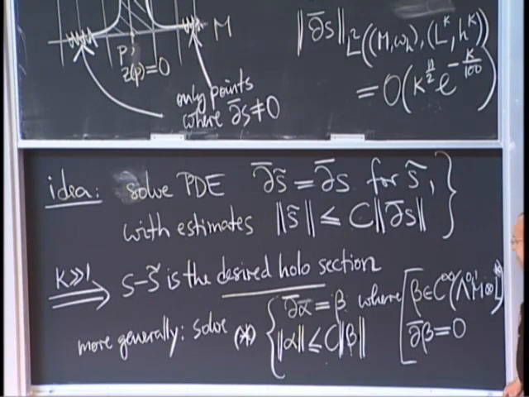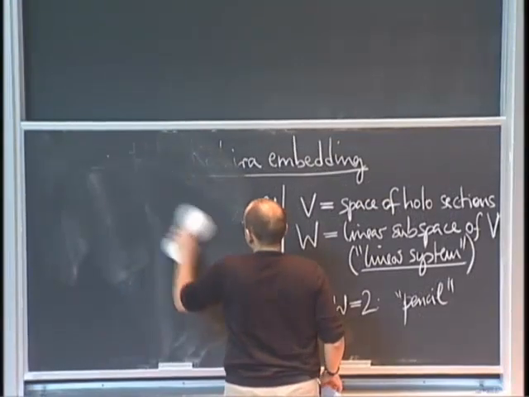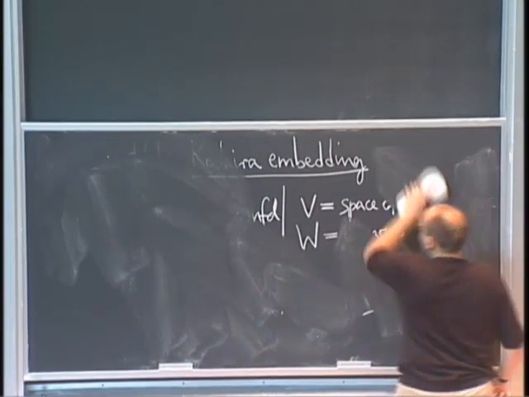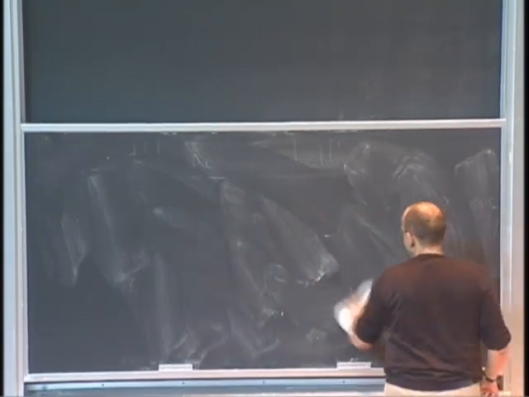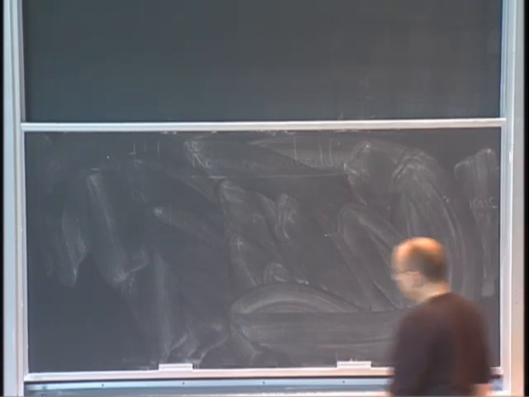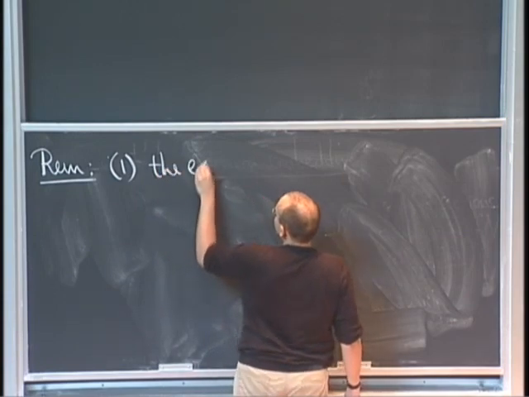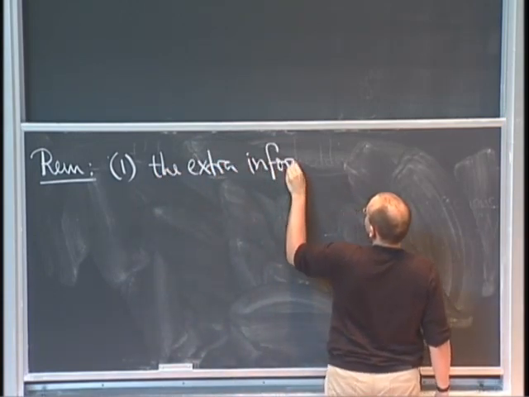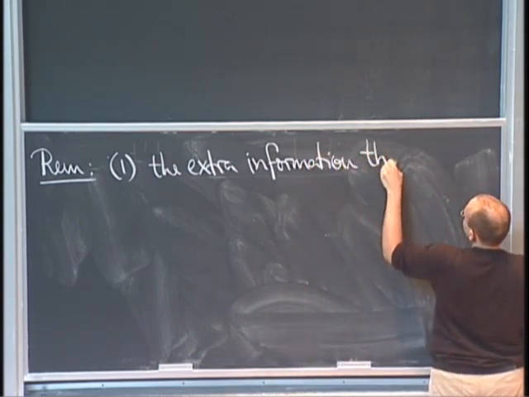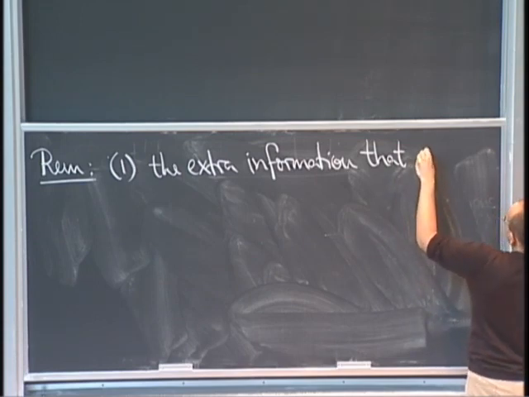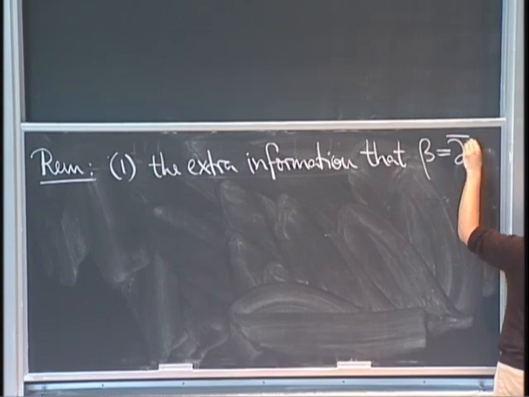Let's make a first remark, so the extra information, that beta is actually d bar of something, isn't useful.